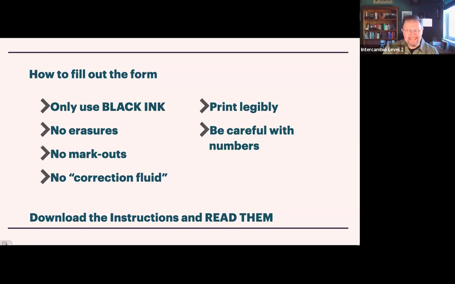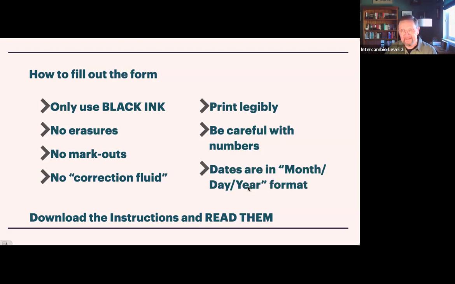Be careful with dates. All right. The dates have to be in the month, day, and year format. Month, day, and year. That's kind of an American thing. Most of the world does it day, month, and year, not month, day, and year.